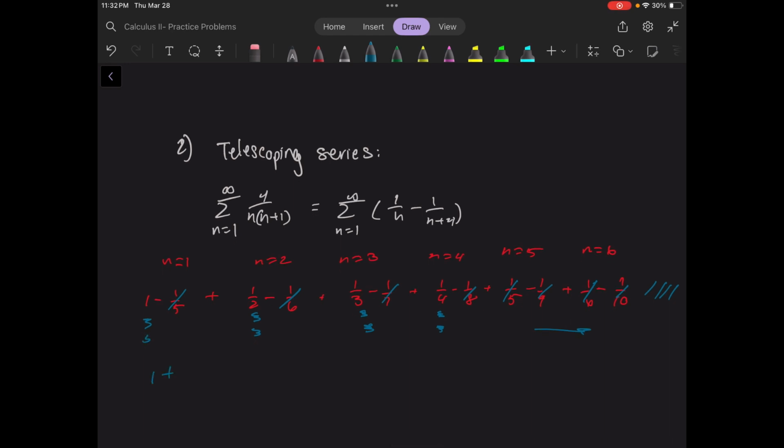So it converges to 1 plus 1/2 plus 1/3 plus 1/4. And we can write that with the common denominator of 12. We have 12 over 12 plus 6 over 12 plus 4 over 12 plus 3 over 12. Finally, we have 25 over 12. So that is what the series converges to.